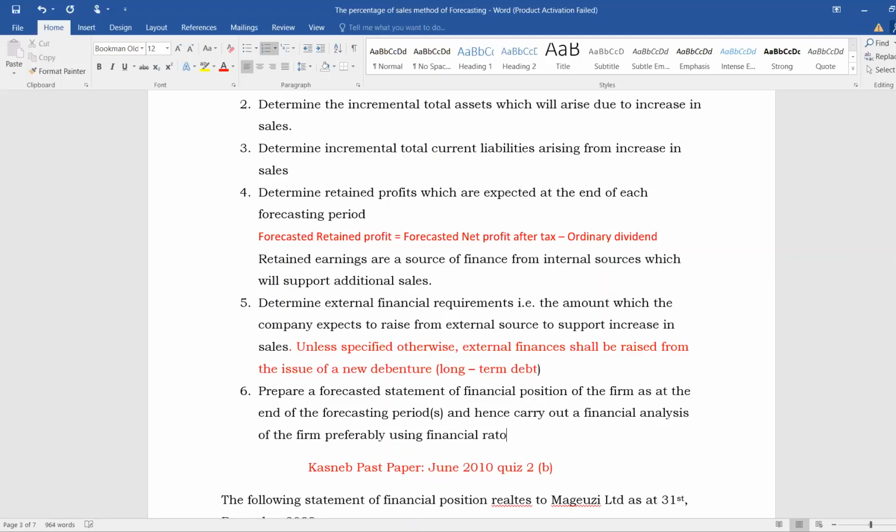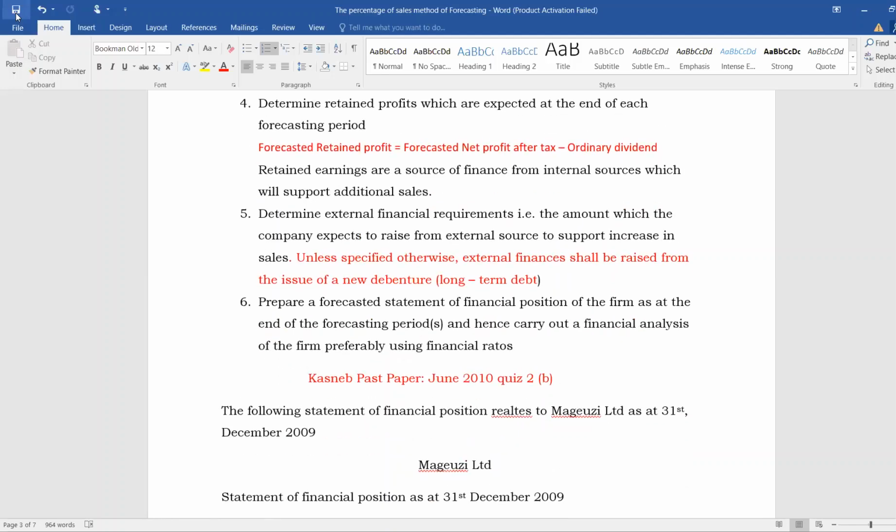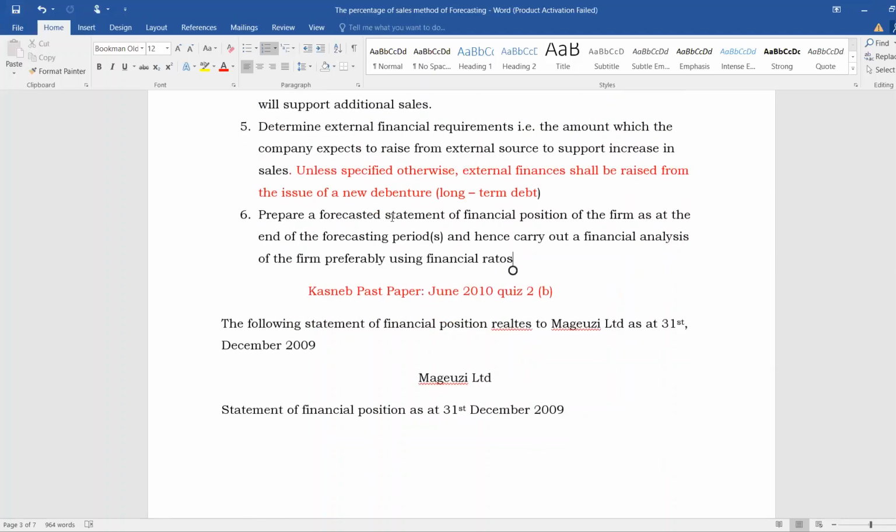The financial ratios we did last time, discuss. Once you have prepared a statement of financial position and you have the information, you can even continue to do a financial analysis using profitability ratios, liquidity ratios, efficiency ratios, and so forth.